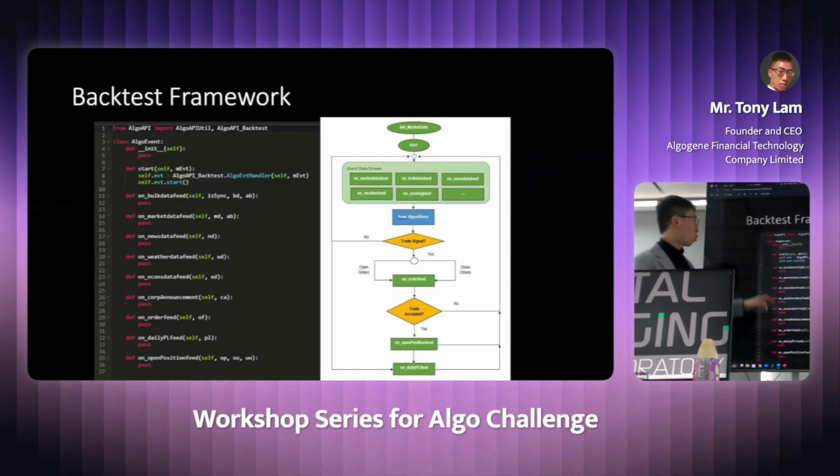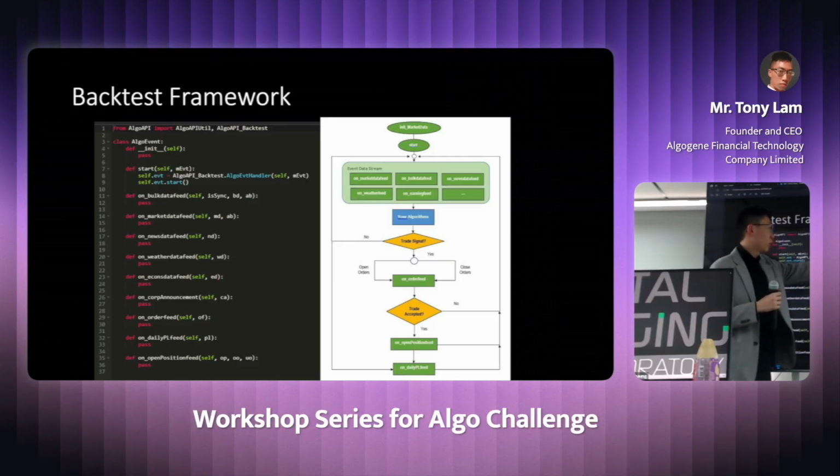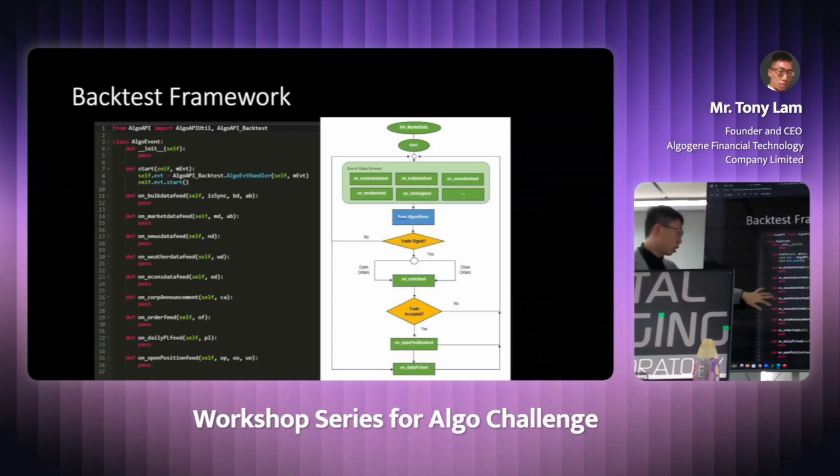So once we start the algo process, our event cards will keep listening to different event streams, like the market data feed. For example, if you subscribe to some news data or weather data, you will also keep listening to different kinds of data stream from different blocks here.